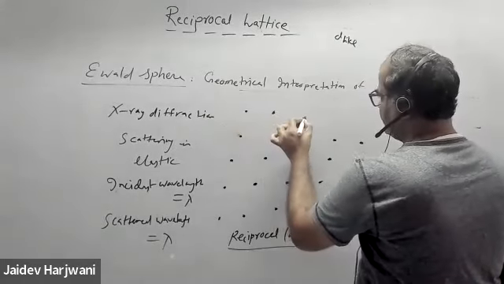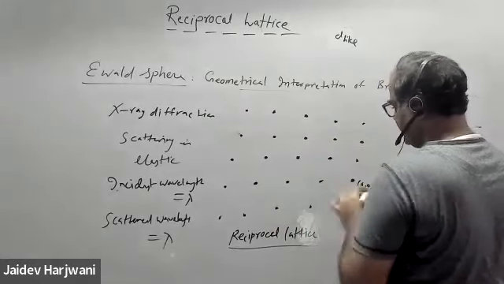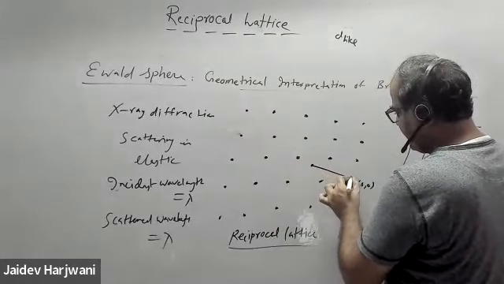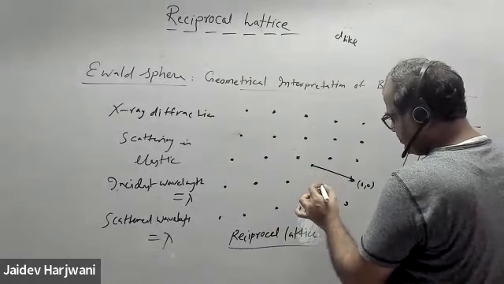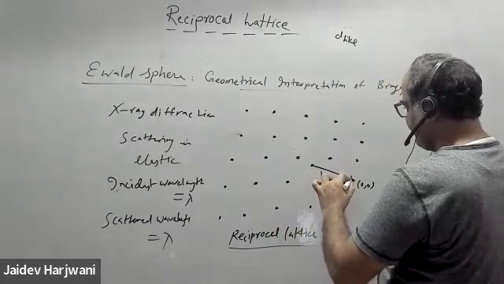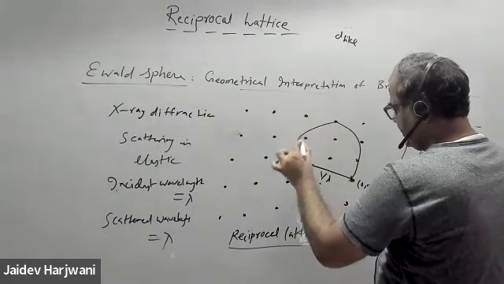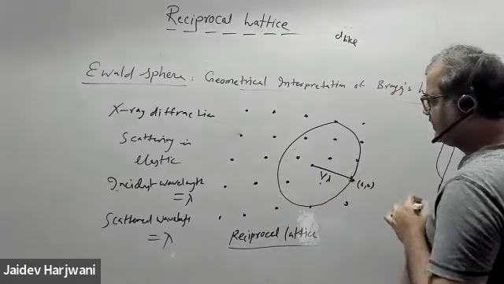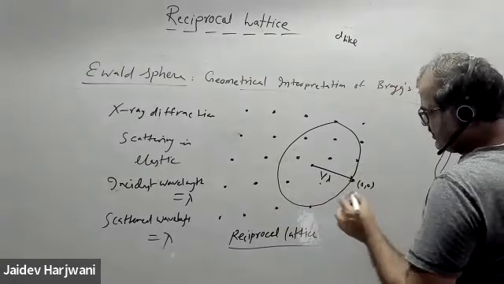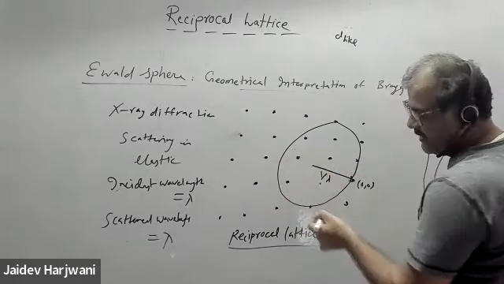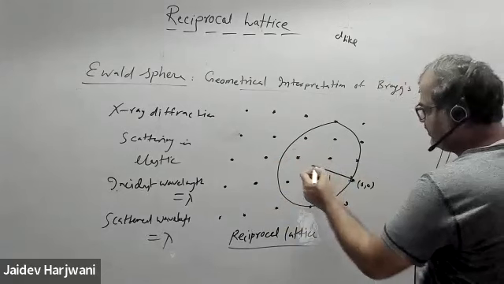So if this is my reciprocal lattice, I'm taking this as the origin. This is the wave vector, the length of magnitude 1 by lambda, and I am plotting a sphere. And suppose here it may be a lattice point, or may not be a lattice point.